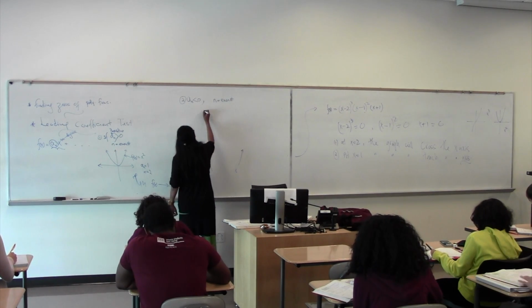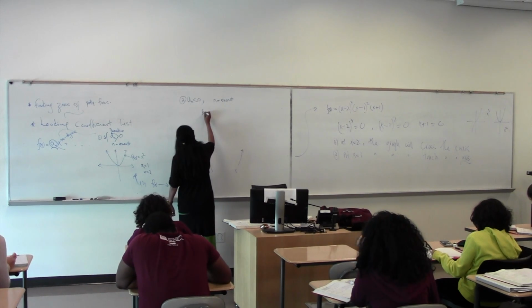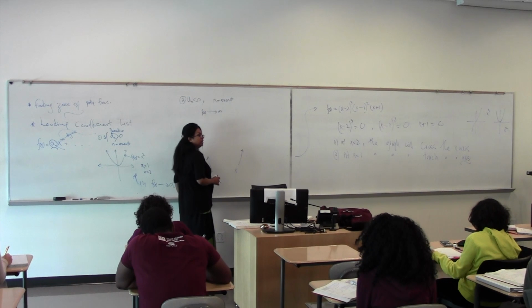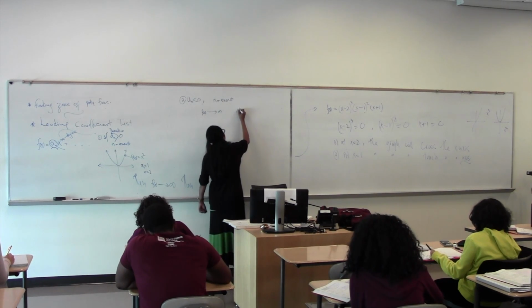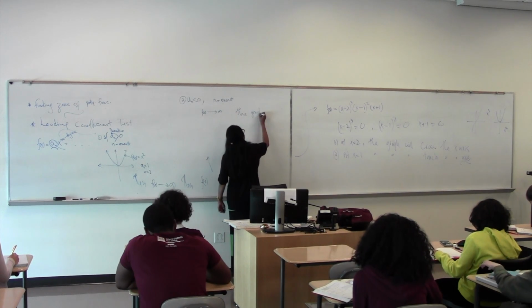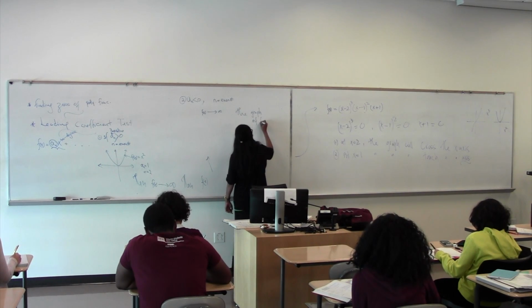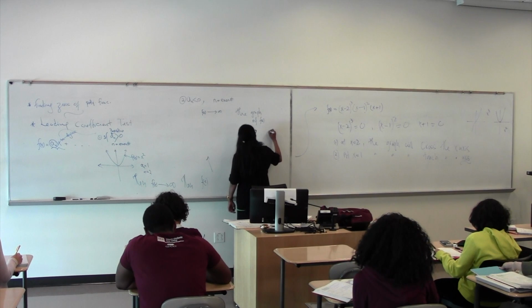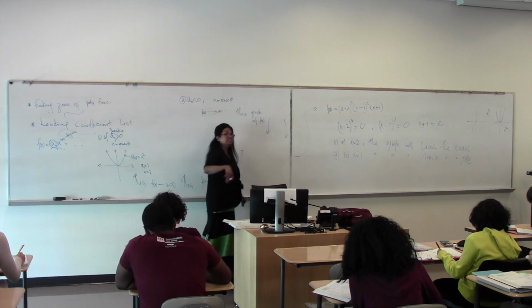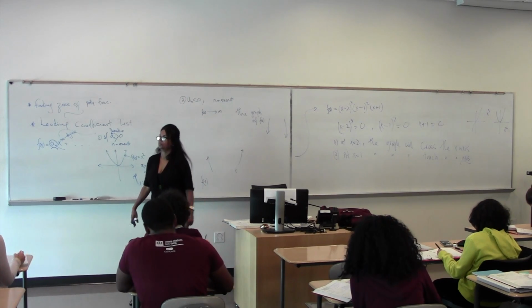Same thing: when f of x goes to infinity values, larger values, then the graph of f of x is going to go like this, down. Both ends of the function are down.